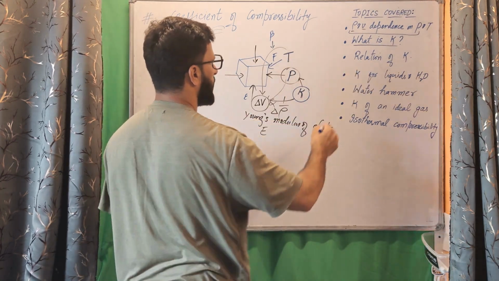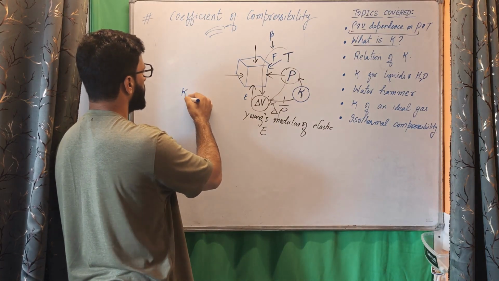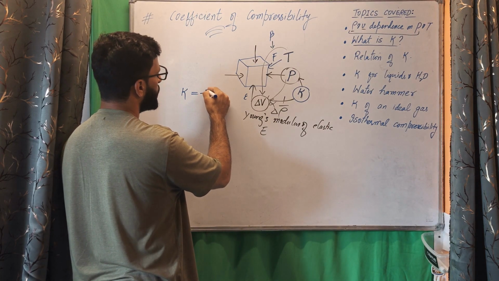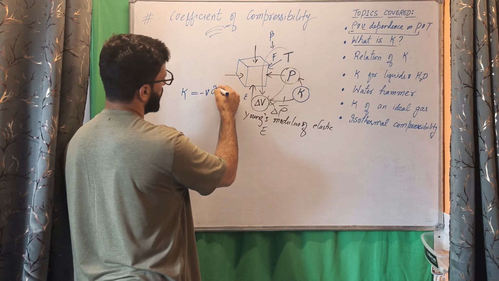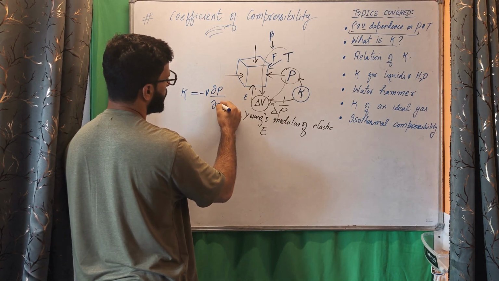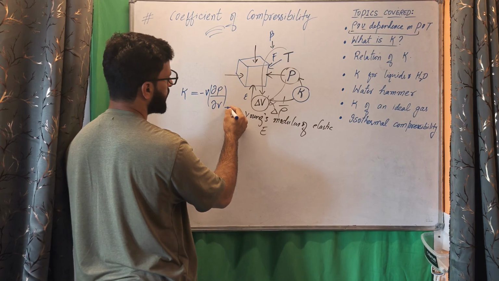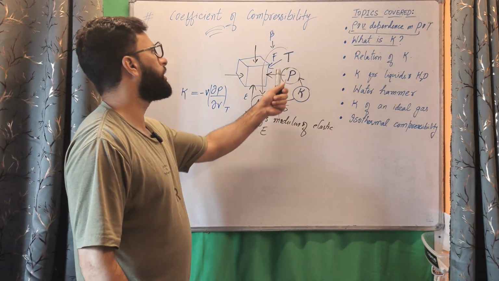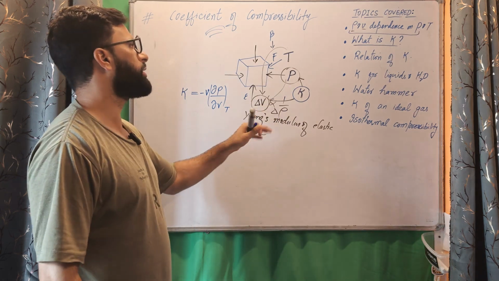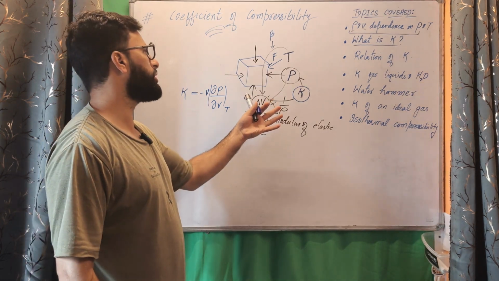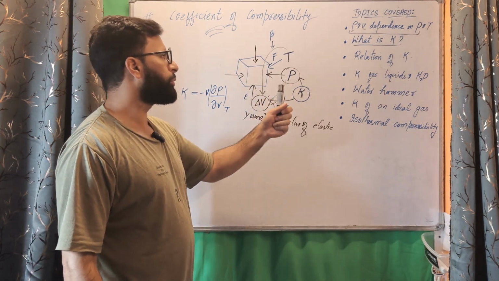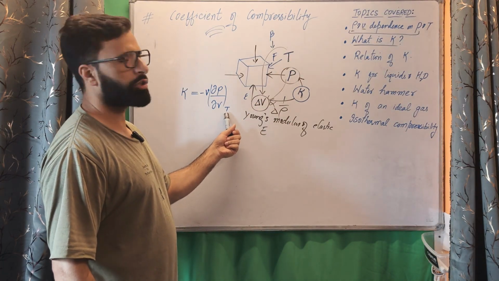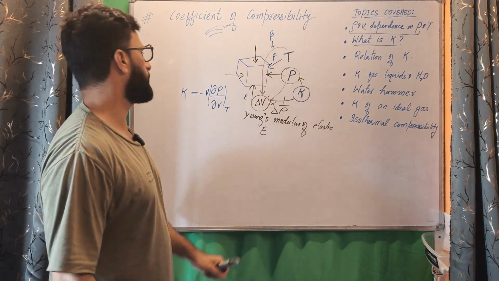So how is this related? Kappa is mathematically equal to negative specific volume times dou P divided by dou V at constant T. Why? Because we want to know the effect of pressure only, keeping the temperature constant, because if temperature also changes, volume change will occur partly due to pressure and partly due to temperature. So we keep the temperature constant to get the effect of only pressure.